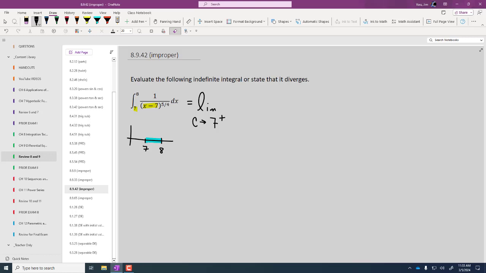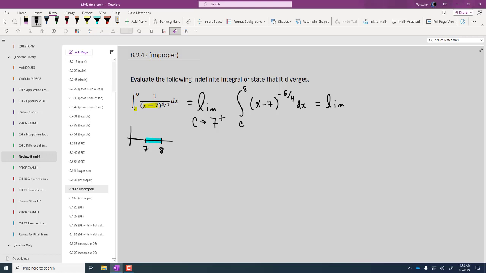Then we do what we always do when we have something in the denominator: we bump it up to the numerator, and that makes it easy to integrate. Again, we're not going to evaluate the limit for a while, so we can just write it as lim, and we'll put the c later.